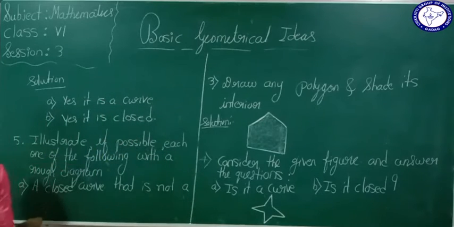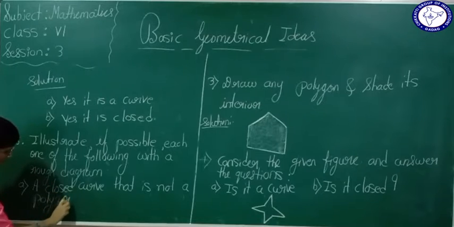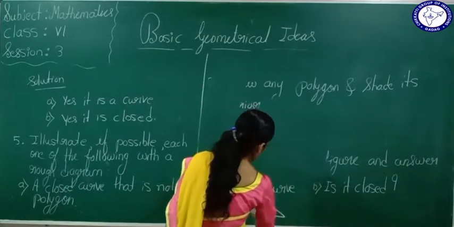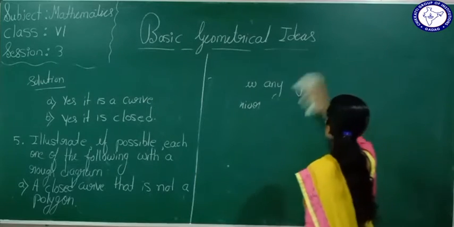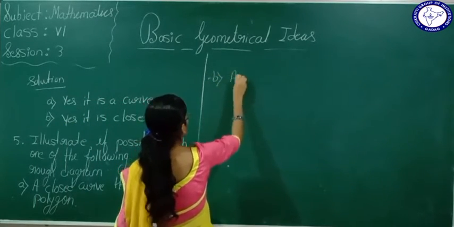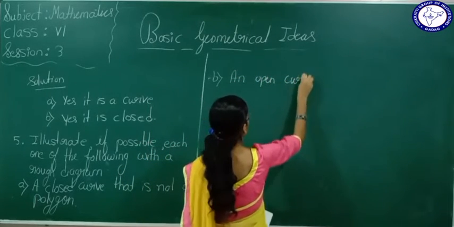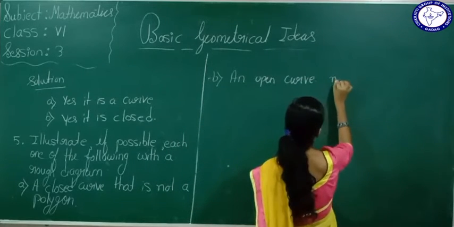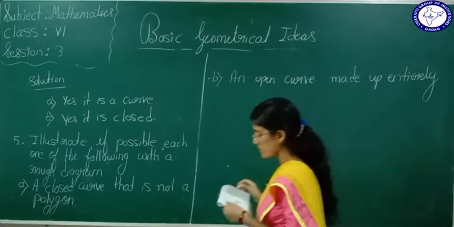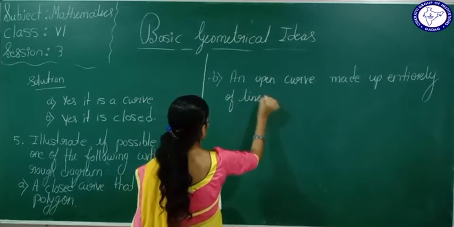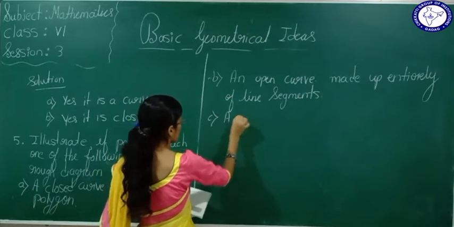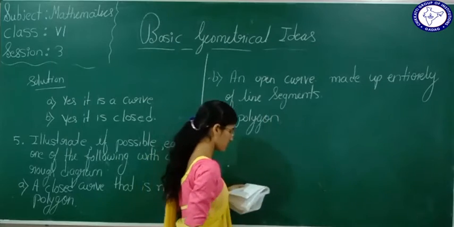Okay, still two more are there. Second, they have given an open curve made up entirely of line segments. Third, a polygon with two sides.